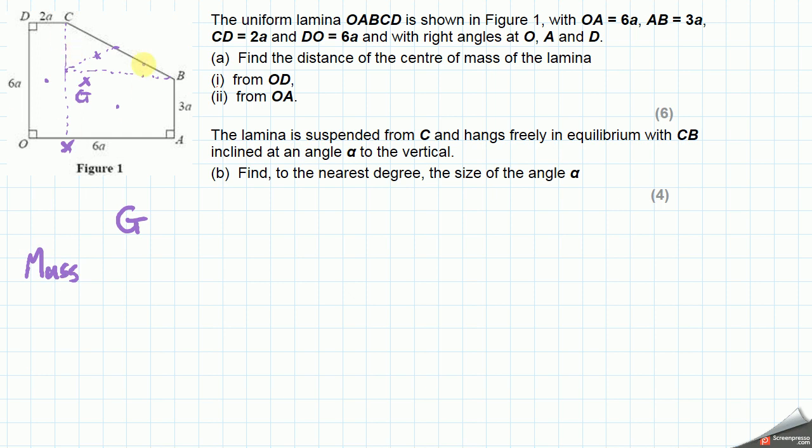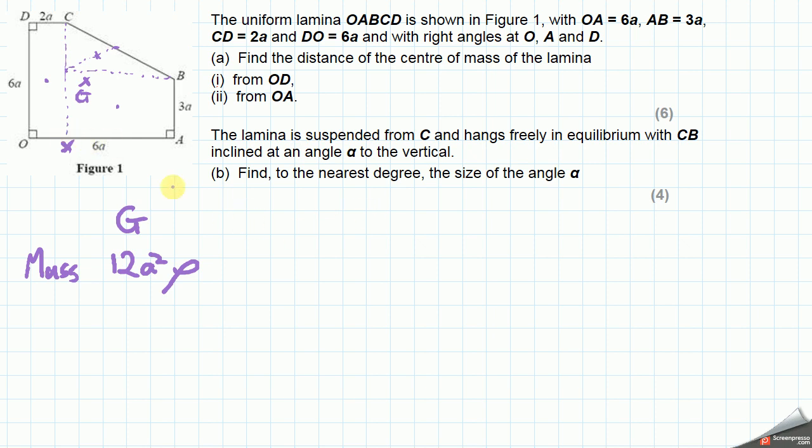So this is a uniform laminar, so every unit of area in this region has the same mass as a unit in that region. So the mass for this one is going to be 6 2's, 12 a squared, and then to actually give it a mass I need a density function. They all cancel out, don't worry about them.